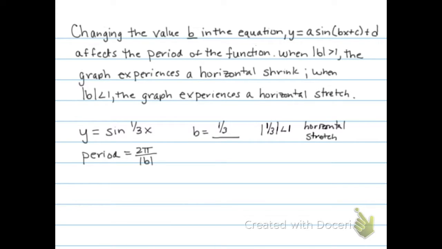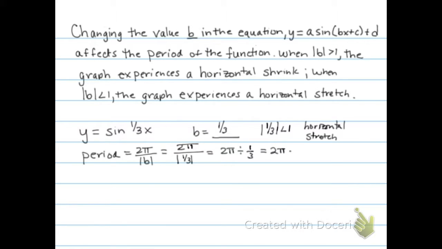So I have 2 pi divided by the absolute value of b, which is 1/3. So it's 2 pi divided by 1/3. I'm going to keep the 2 pi, change the division to multiplication, and then reciprocate the 1/3.